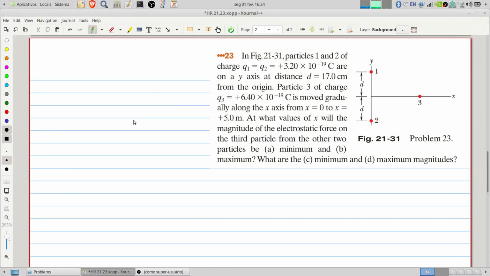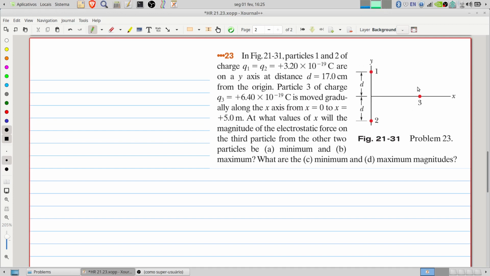Today we'll solve problem 23 of chapter 21 of Fundamentals of Physics. In the figure, particles 1 and 2 of charge Q1 and Q2 are on the y-axis at a distance d from the origin.